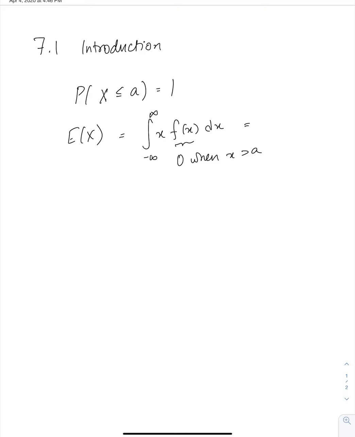So what you will have is, you could write this as the integral from negative infinity to a of x times f of x dx, and this f of x is 0 for x bigger than a, and you know that that is less than or equal to the integral from minus infinity to a of a times f of x dx, taking out the a.